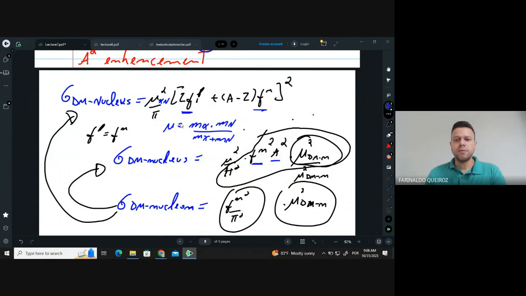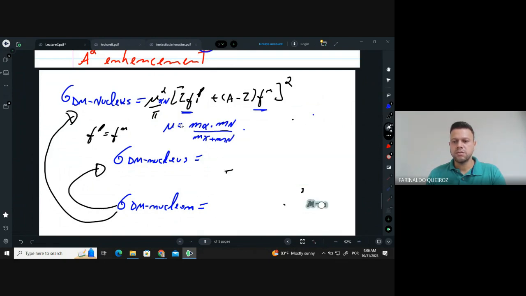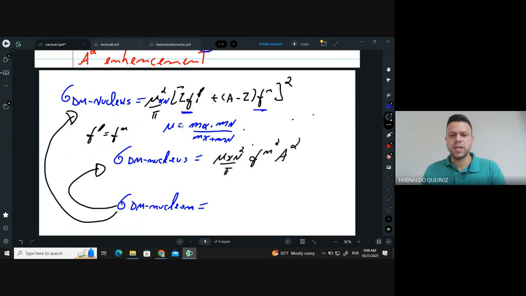And when you convert to a dark matter nucleon scattering cross section, you get mu chi n over pi squared, and then you get an Fn squared A squared. So that's what you get for the dark matter nucleus scattering cross section.